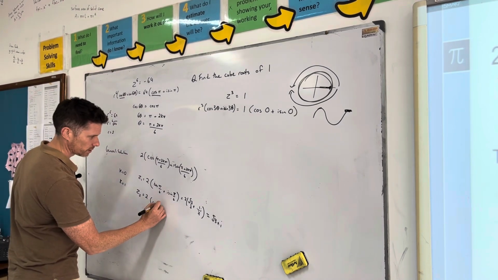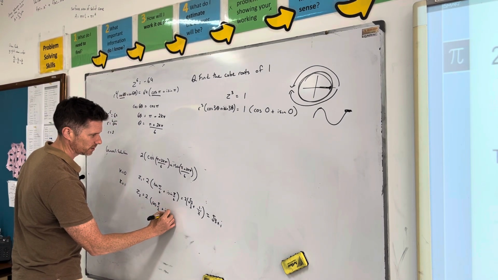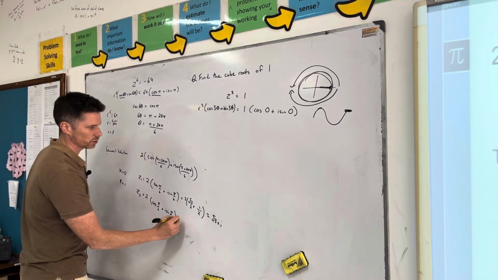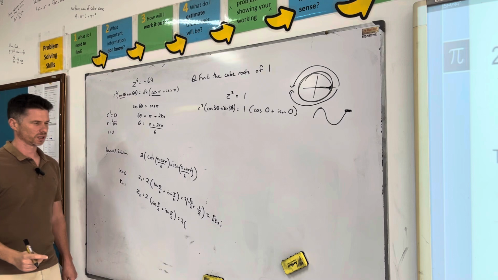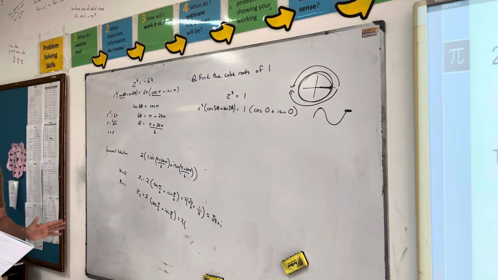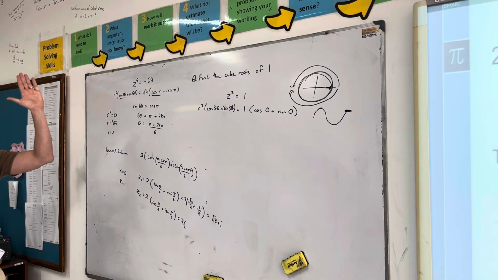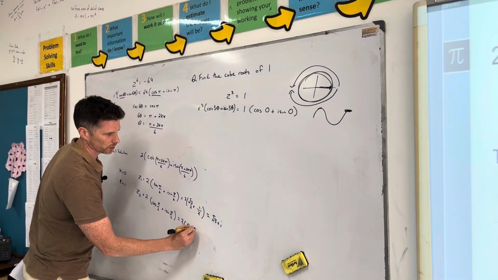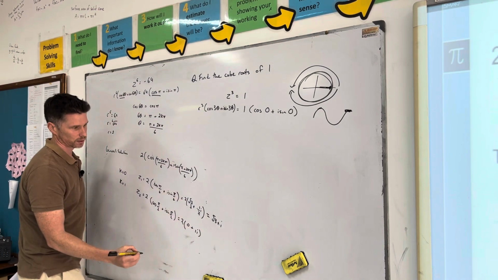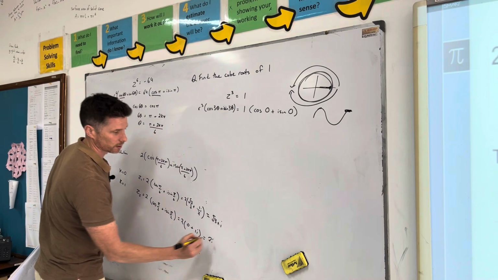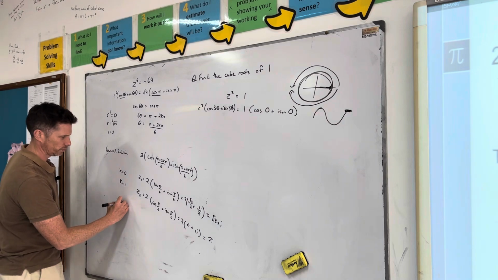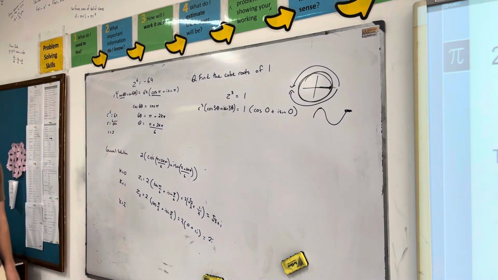That gives 2 times cosine of pi over 2, which is 0, plus sine of pi over 2, which is 1, so 2i. Next one, k equals 2.